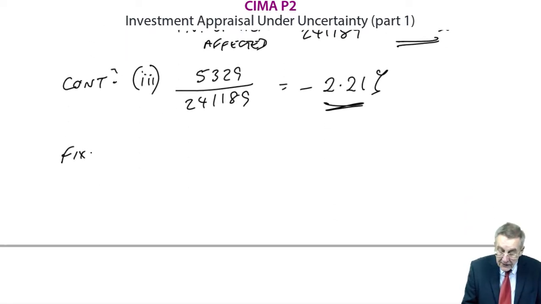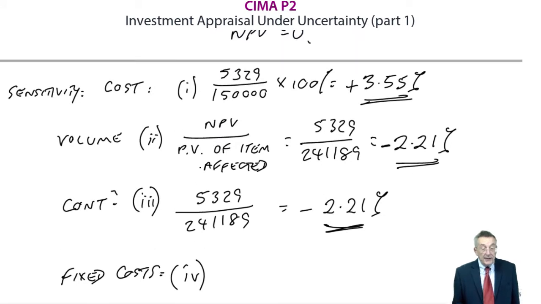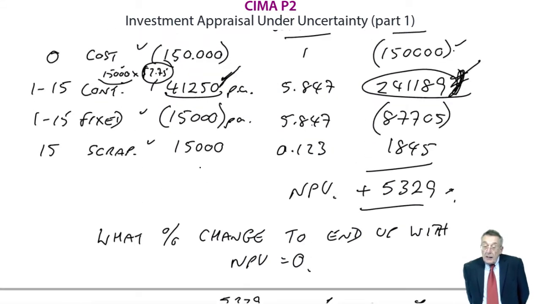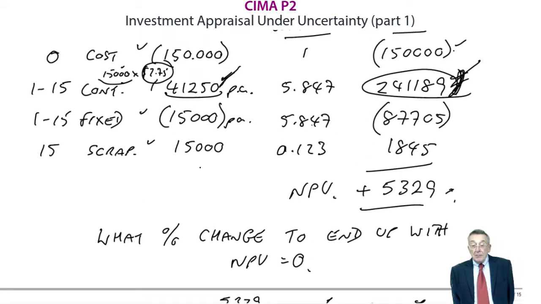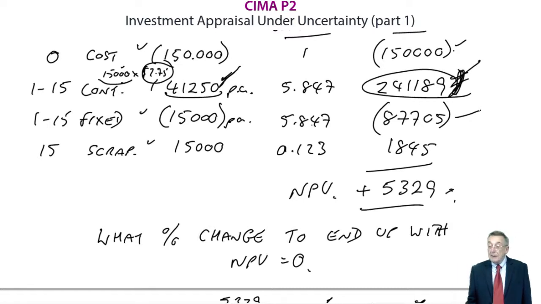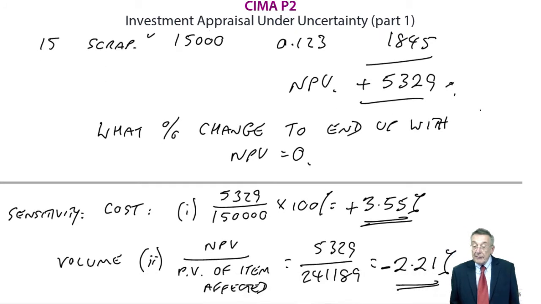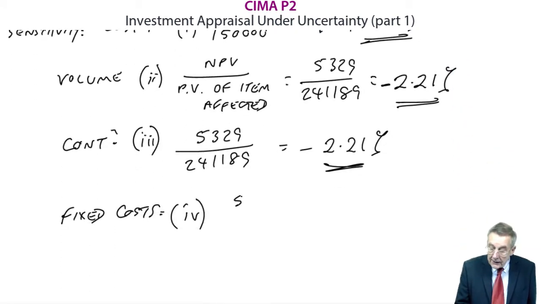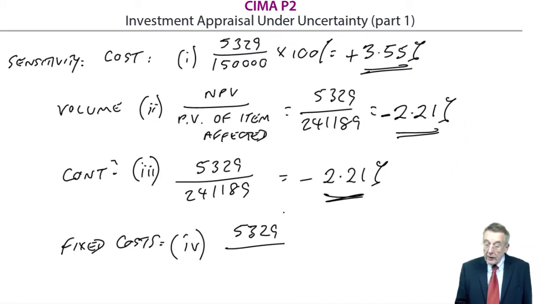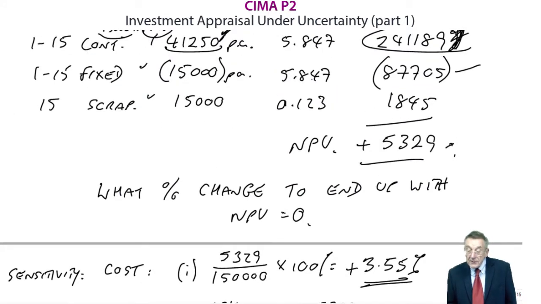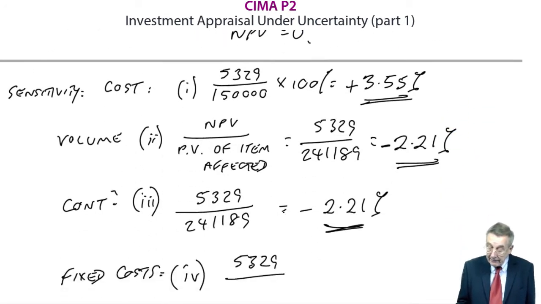What about the fixed costs? Again, we assume everything else is fixed. If the fixed costs change by 10%, 5%, 1%, the present value of them changes by the same percent. We can afford a change of 5329. It's the NPV over the present value of whatever changes, 87,705.